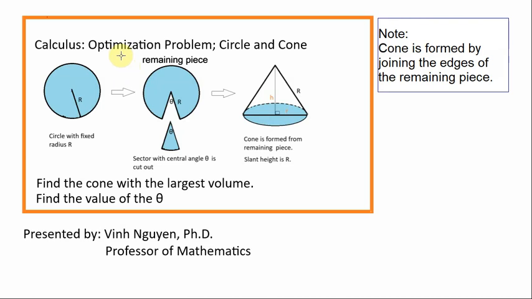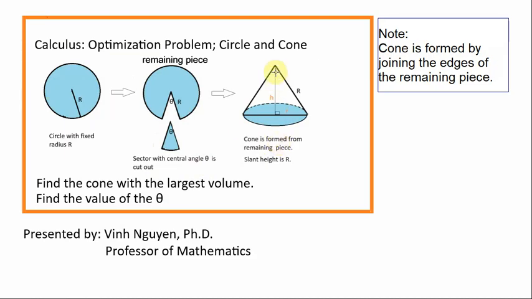This video is about an optimization problem. Here I have a circle with fixed radius R. A sector with central angle theta is cut out, so this sector right here, and from the remaining piece a cone is formed.